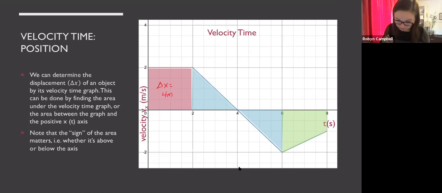So this area is going to be 1/2 times the height, which is 2 meters per second, times the base, which is 2 seconds, right? The area here, the delta x, is actually going to be -2 meters because it's below the t-axis. So note that the sign in this case is very important.